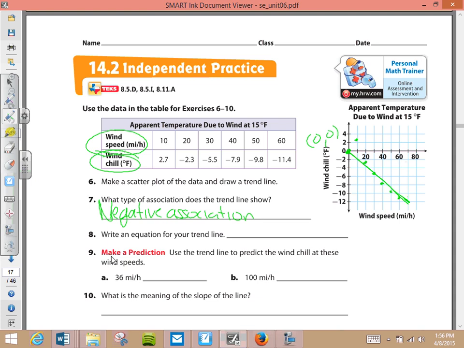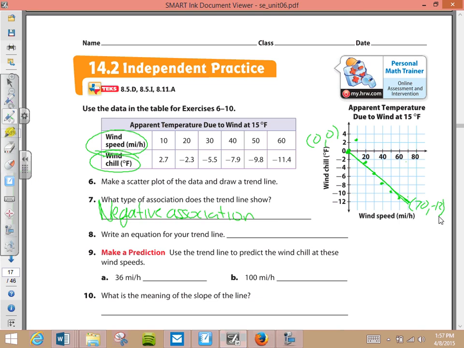So I will use 70 and negative 12. That's my second point. So yesterday we talked about that if you don't have any points on the line, make a point on the line so you can use your slope. That way the slope will be related to the line and not some random points.